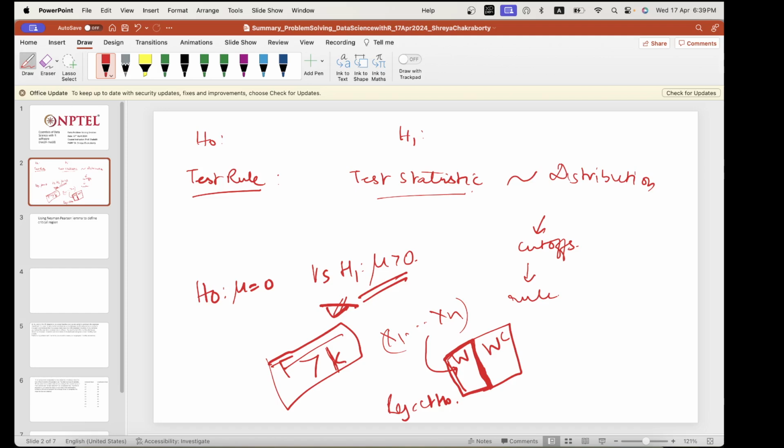But I also said that in the current examples that you have learned, testing of mean, testing of variances using normal distribution, this relation is being followed, but that doesn't mean that it will be followed everywhere else. All right. So in order to demonstrate this, I'm going to show you how we are arriving at this critical region definition. All right.